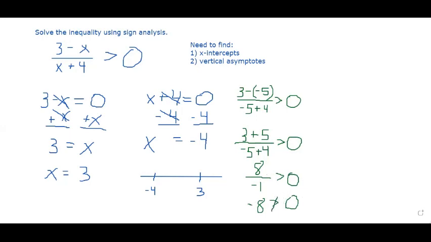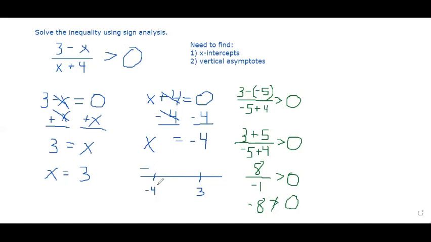So therefore, the region that's less than -4 does not work for this inequality as a solution set. And if we want to, we can just put the sign of what we get. It looks like we're getting something negative whenever x is less than -4, so we can put the negative sign.